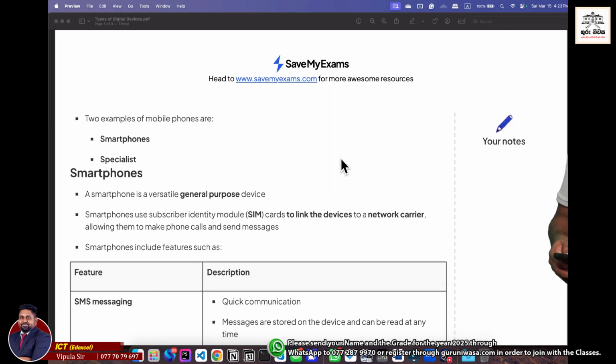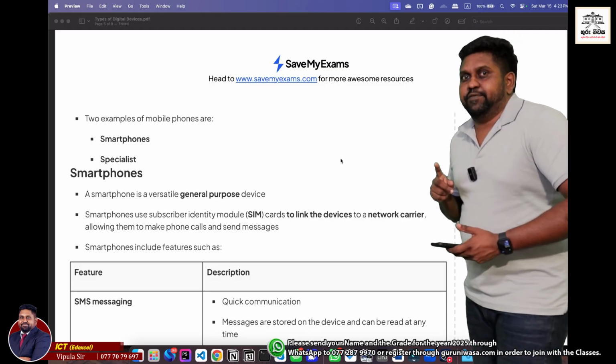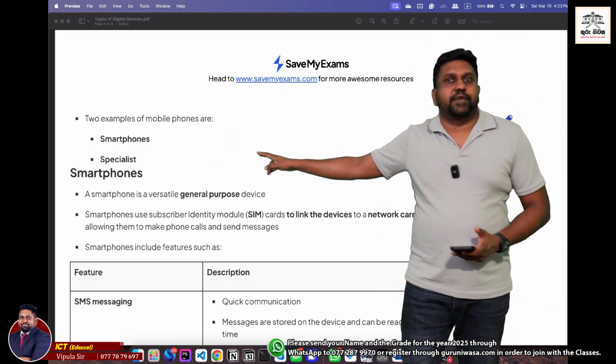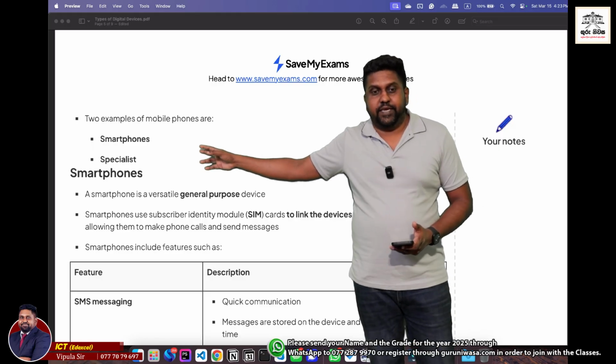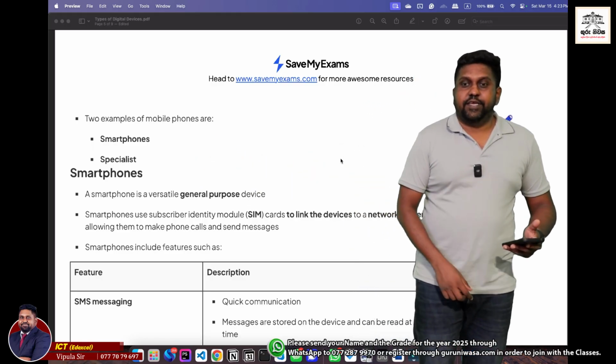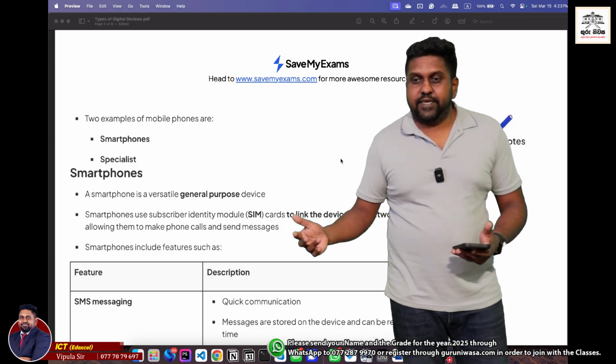Then there are two types of category. So be careful now when it comes to mobile phones. You can write furthermore. Here we primarily identify this as two types. We have the smartphones and we have the specialist items.